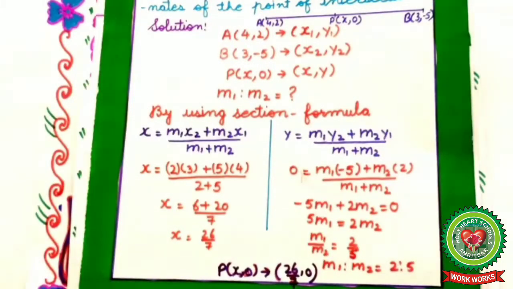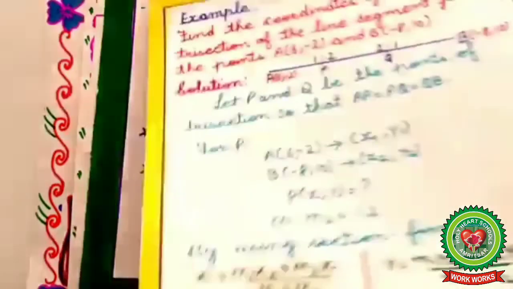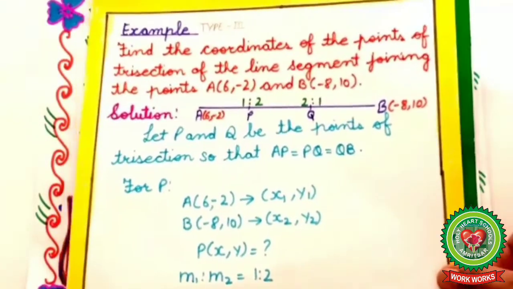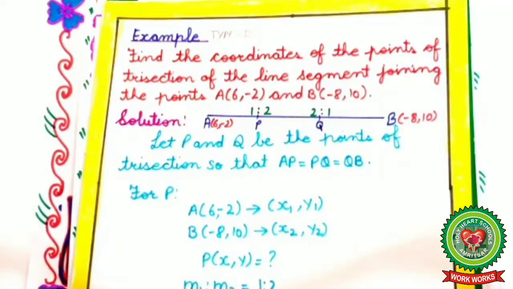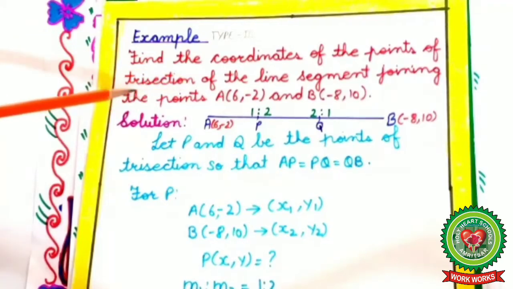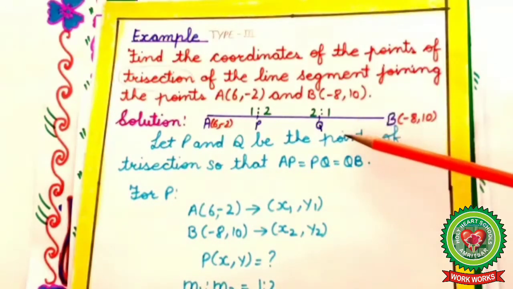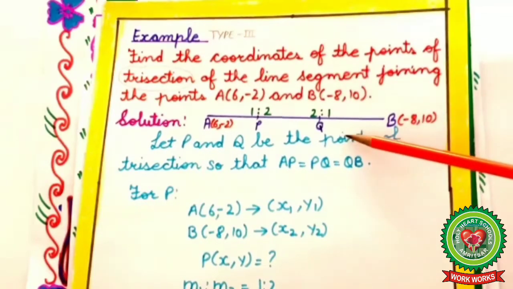Now the third type of section formula is, we have to find coordinates of points of trisection here. In this, 2 points P and Q are there.